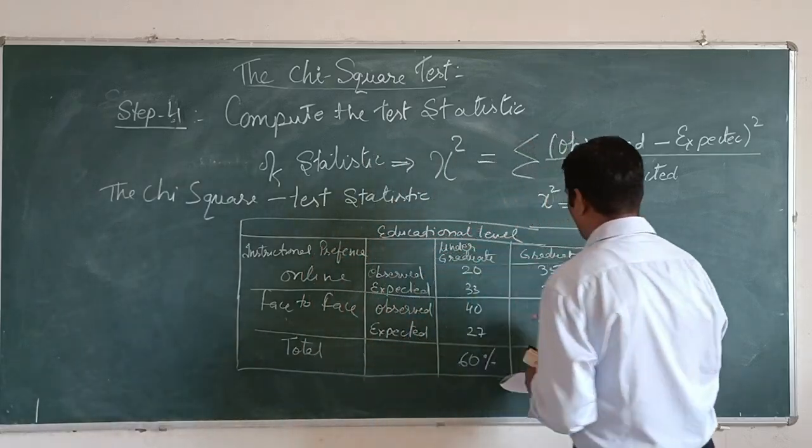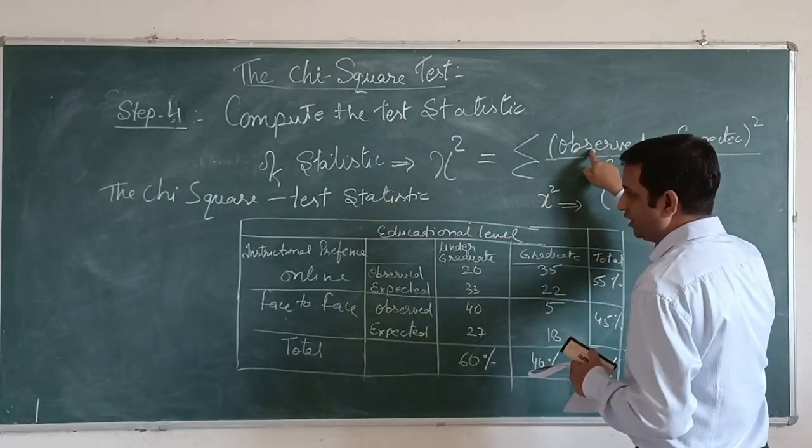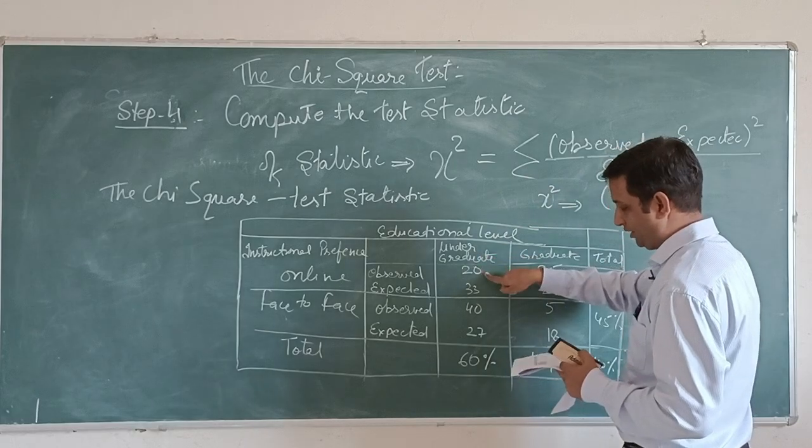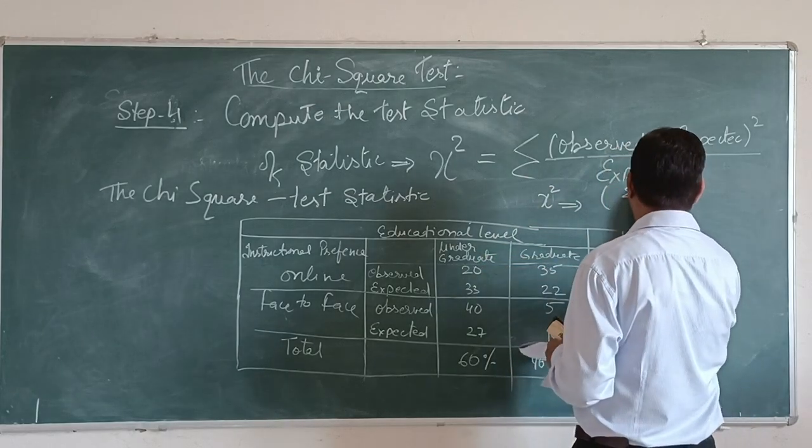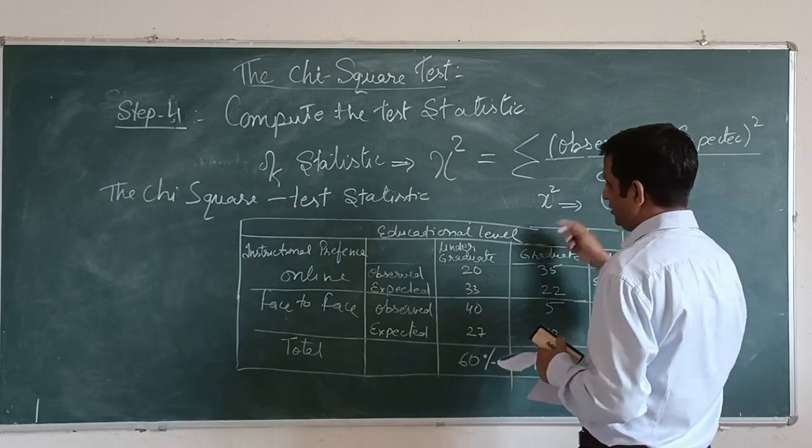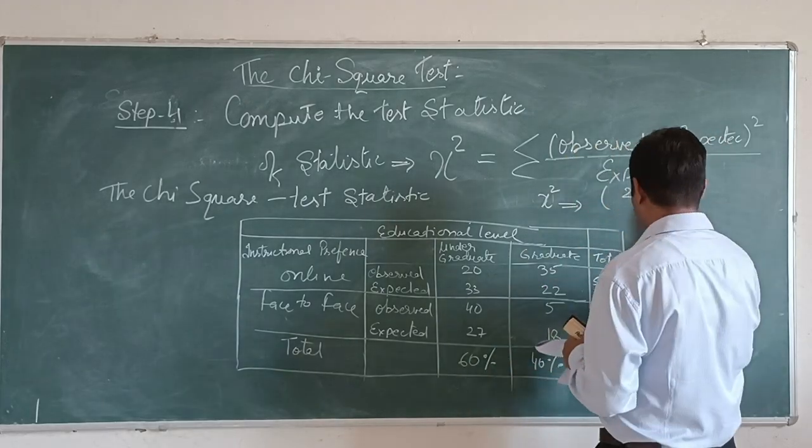Okay. So from here, observed data for online for undergraduate is 20 minus expected is 33.